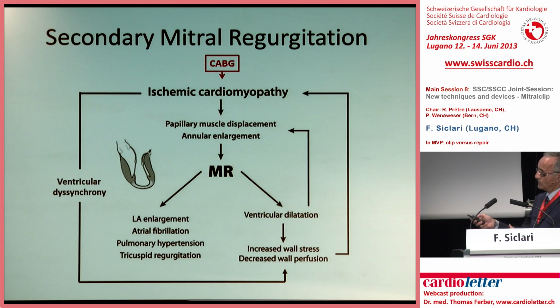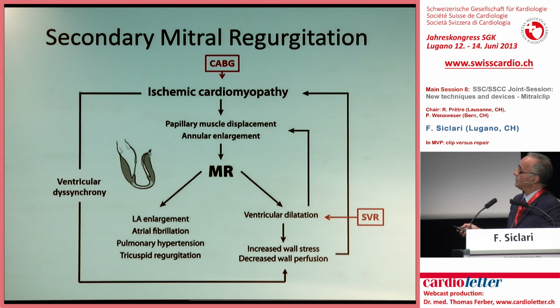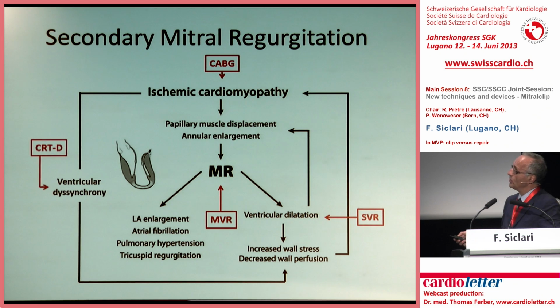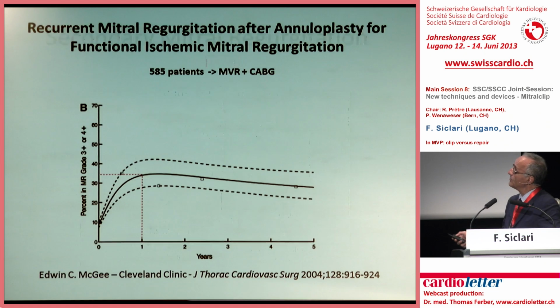So we can perform aortic coronary bypass surgery if it's indicated. We can remodel the left ventricle. We can, of course, perform some surgery on the mitral valve, and we can also consider the implantation of an ICD. But as a matter of fact, we know that the surgical results in mitral regurgitation are not as good as we thought they could be.